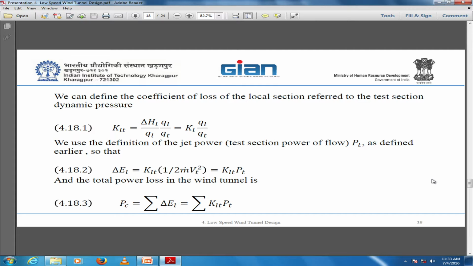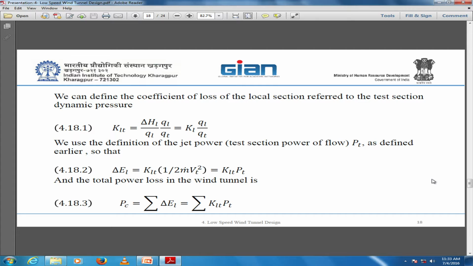Yes. So the loss that is mentioned is the static pressure drop or the total pressure drop? Total. It's relative to total. Actually, it's in terms of test section dynamic pressure. Power jet. We all relate to the test section. So in the numerator is the test section power.